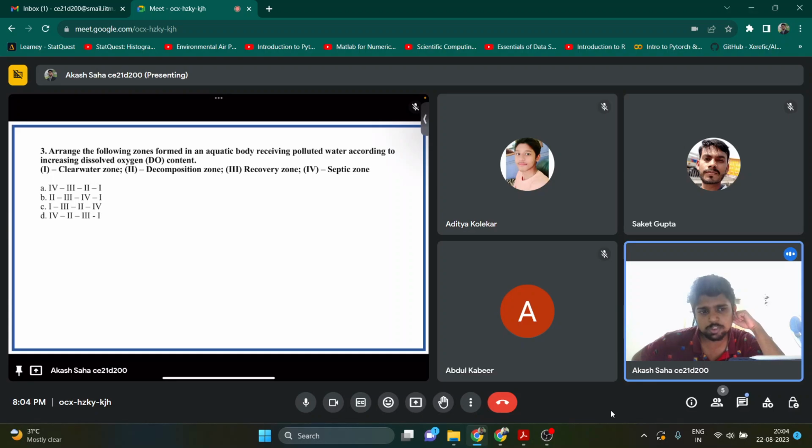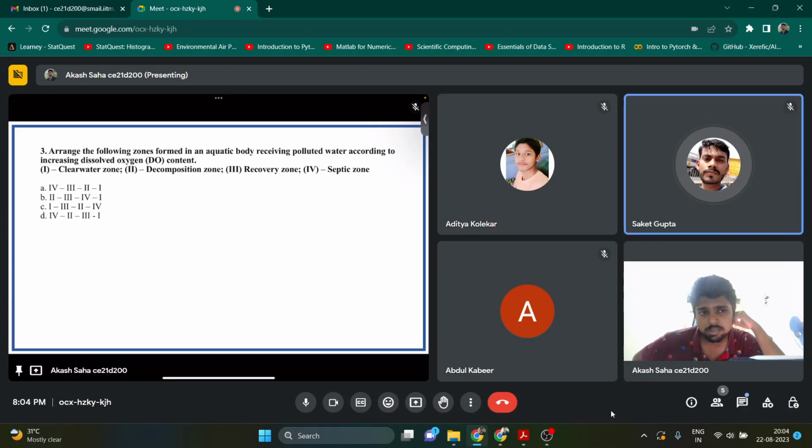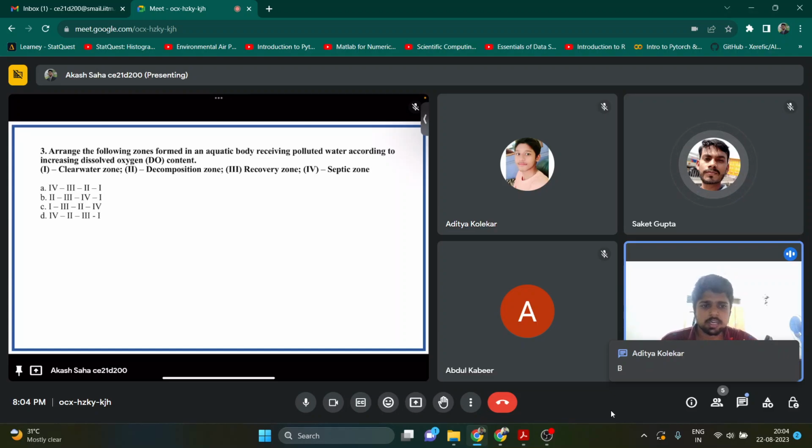Can anyone tell me which one will have the least dissolved oxygen? Which option? Option 4. Okay, Aditya is saying it as B. Aditya, we have to see in terms of increasing dissolved oxygen. So first will be the least dissolved oxygen.